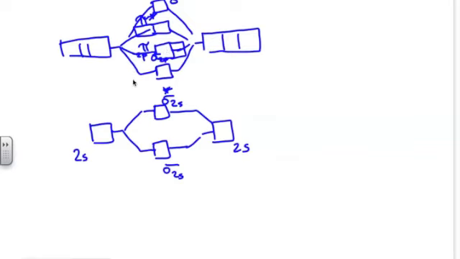So again, it's favorable for them to go into bonding, not so great when they start to go into antibonding. So we know that nitrogen is 1s2, 2s2, 2p3. And 1, 2, 3, 1, 2, 3.